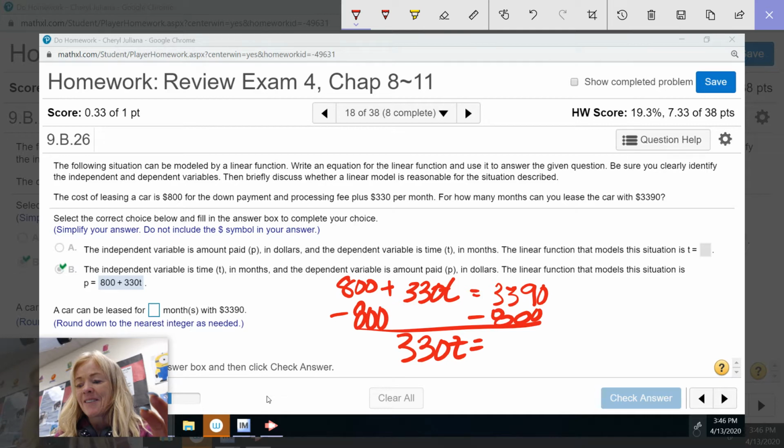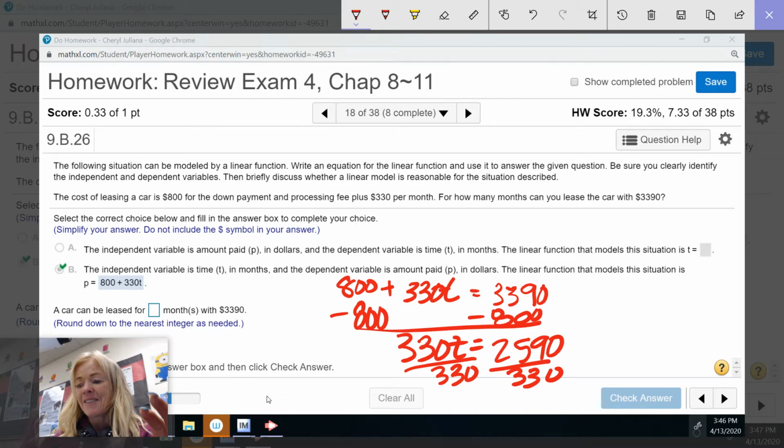Helps if I don't have anything else typed into the calculator. So that's 2590, and then divide by your 330. That is 7.8, I believe. So 3390, let me just check my work.